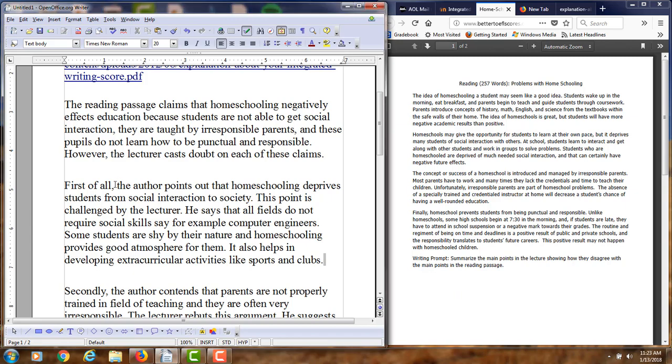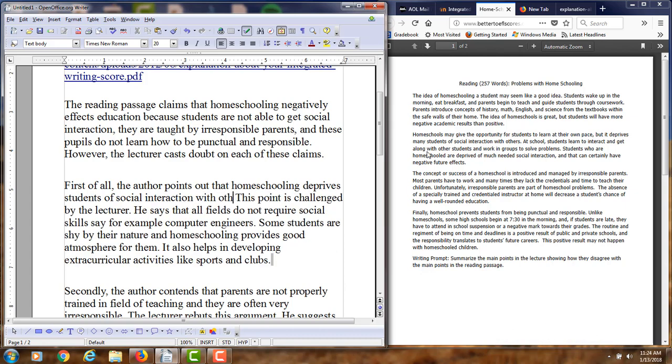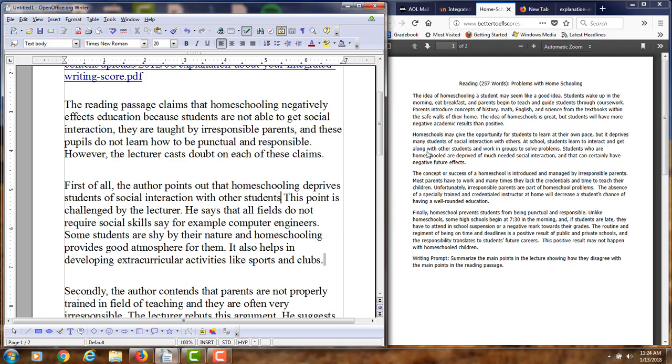Okay, in your second paragraph, you say, first of all, the author points out that homeschooling deprives students of social interaction with who? You know, students working in groups and solving problems and so on, right? So it deprives students of social interaction with other students.